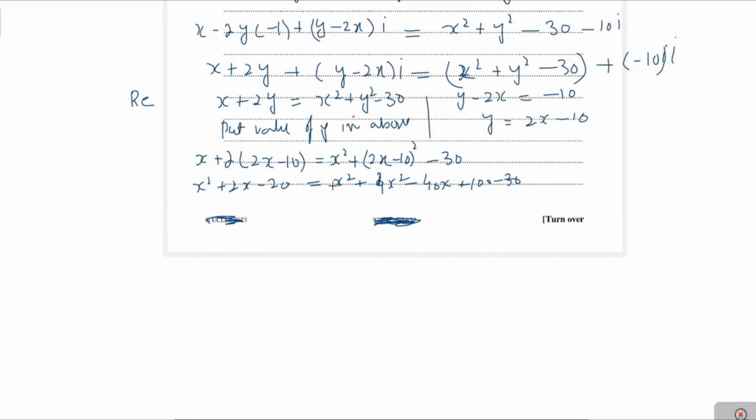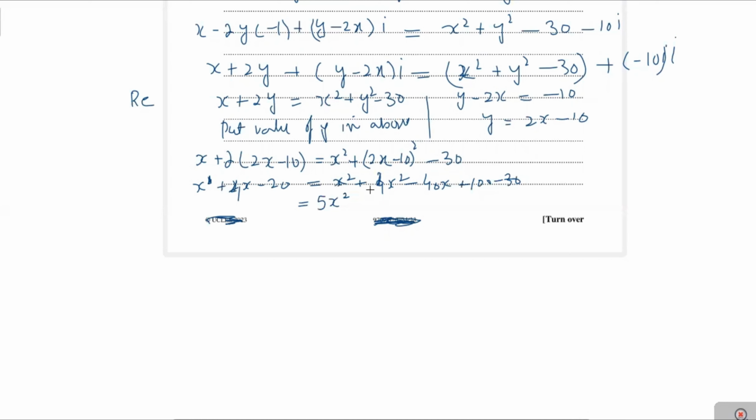And that value equals, you see here, x power 1. Now that is equal to 5x, that is 4x plus x, 5x, and minus 40x.